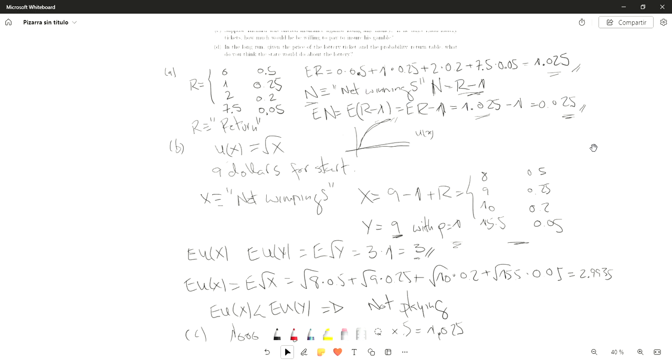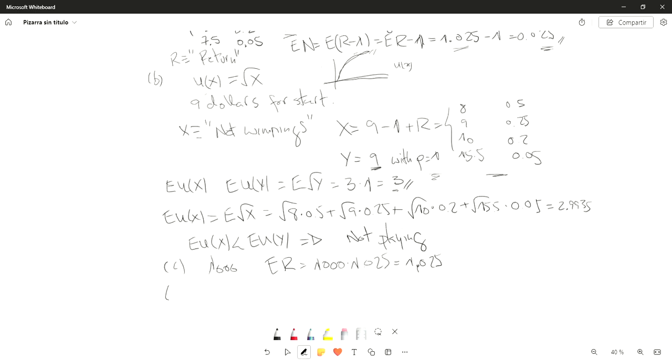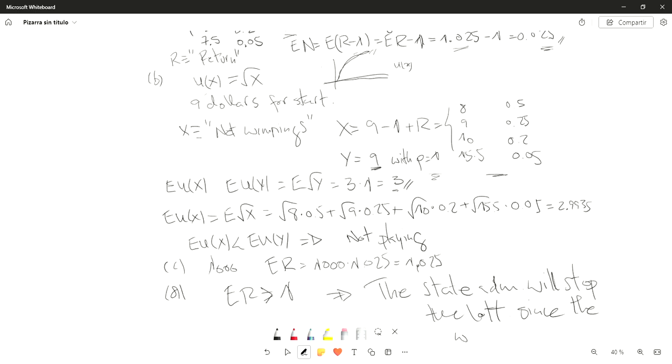As we saw, since the expected value of any player's return is greater than the cost, it implies that the state administration will stop the lottery, since they will lose money in the long run.